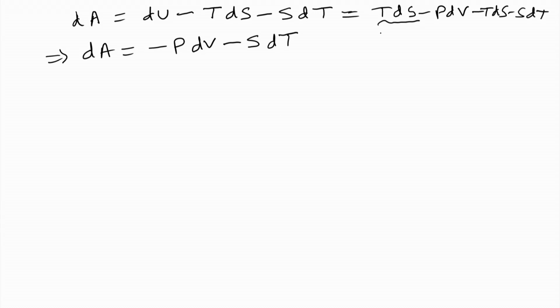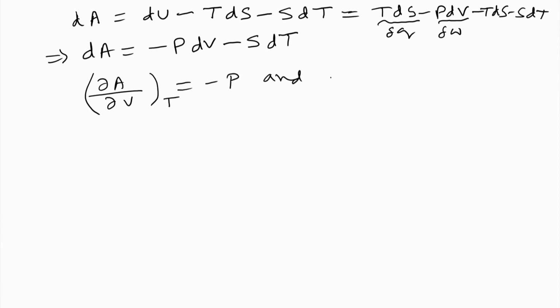This is your del Q and this is your del W. So from dA equals minus PdV minus SdT, we can write del A by del V at constant temperature is minus P, and del A by del T at constant V is minus S.